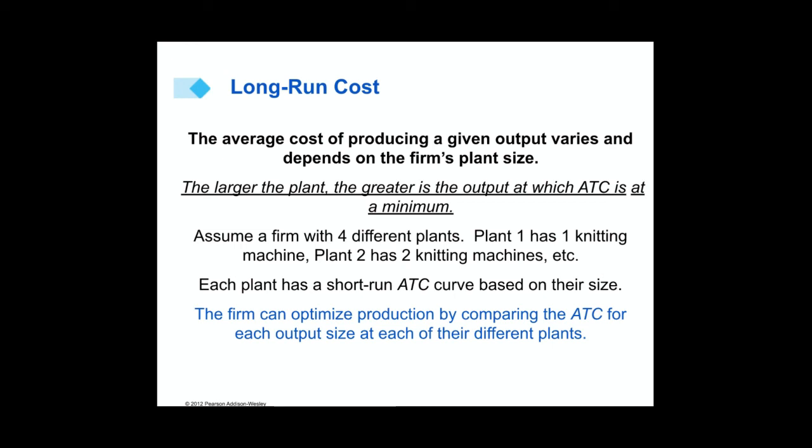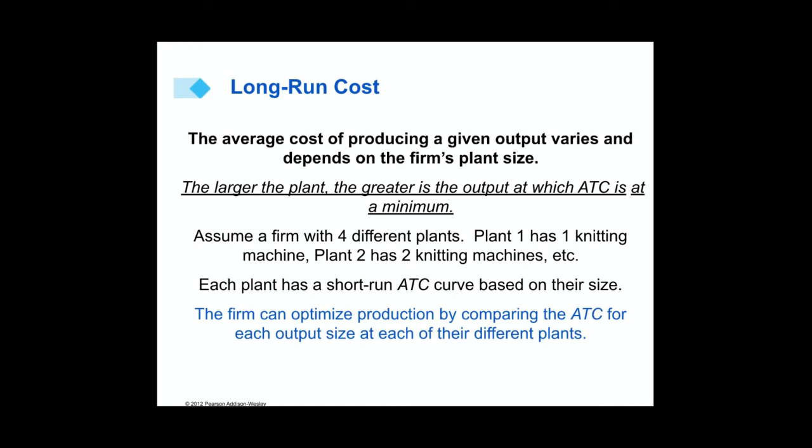So we can imagine a situation, and in this example we have here, we're going to have 4 different plants. Plant 1 has 1 knitting machine, plant 2 has 2 machines, plant 3 has 3 machines, plant 4 has 4 machines. And they're all owned by the same firm.